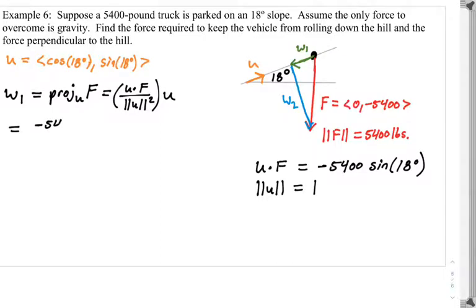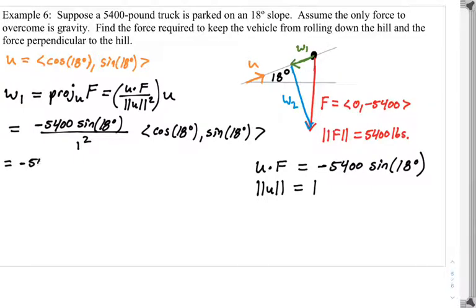So W1 is equal to negative 5,400 sine of 18 degrees in the direction of U, which is cosine 18 degrees, sine of 18 degrees. That's equal to negative 5,400 sine of 18 degrees cosine of 18 degrees, and that's the first coordinate of our vector. Our second coordinate is negative 5,400 sine squared of 18 degrees. So we got our vector.